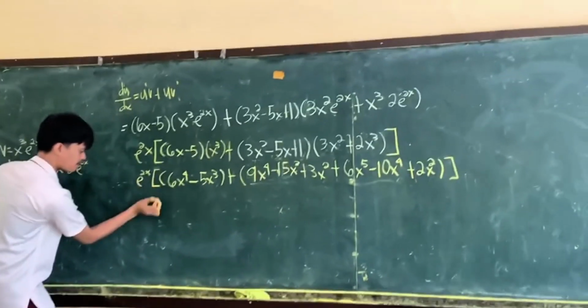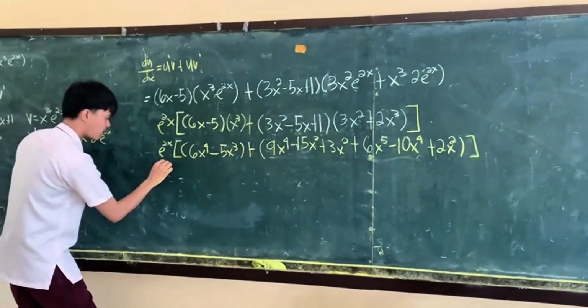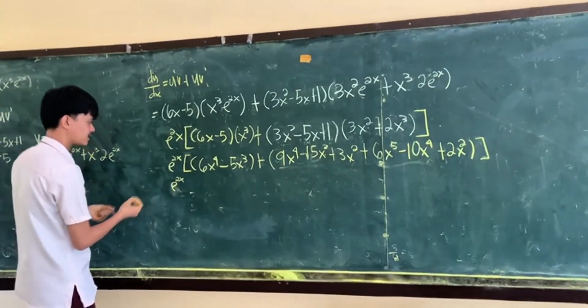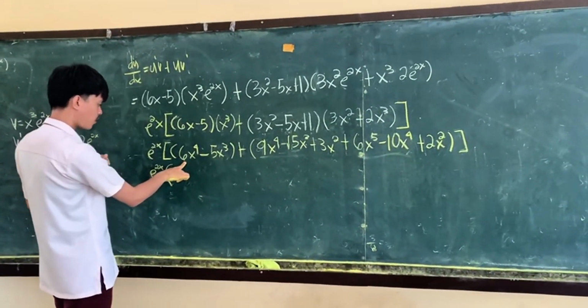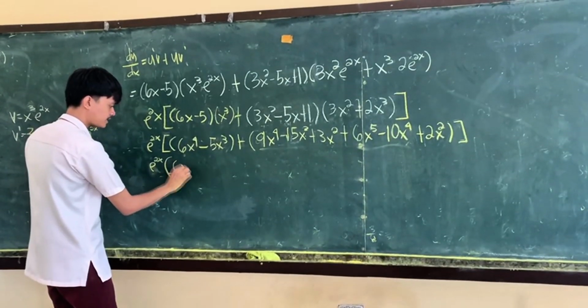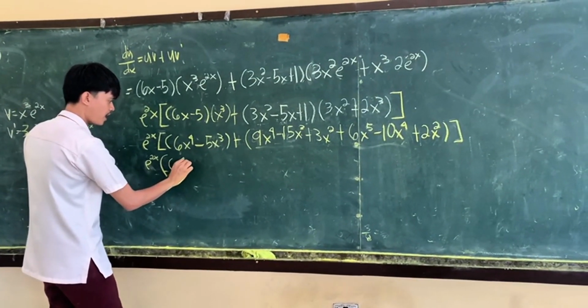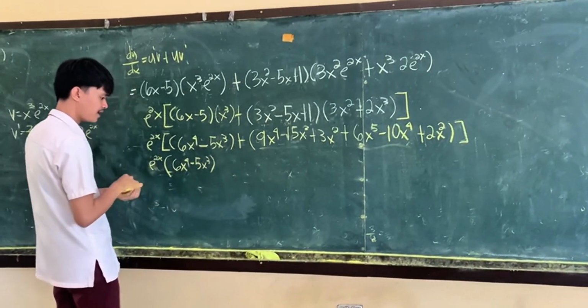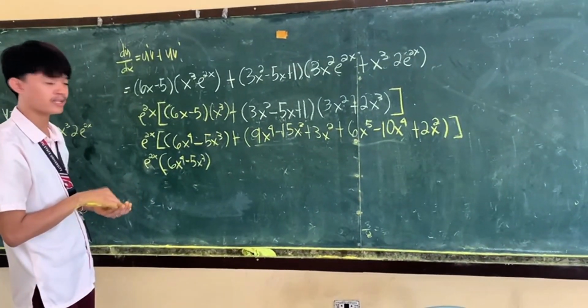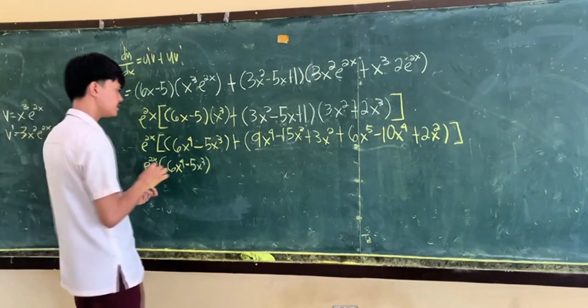Now, let's copy this one first: e raised to the power of 2x. And then, let's copy this one, 6x raised to the power of 4 minus 5x cubed. Now, let's combine like terms here in the other parentheses.